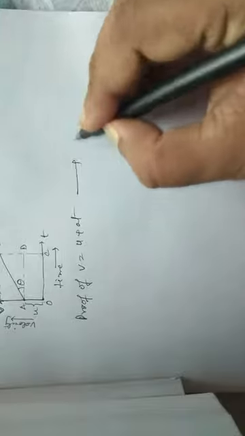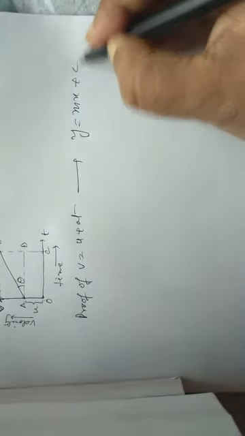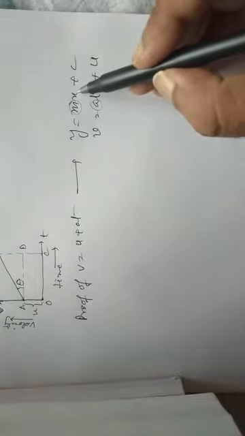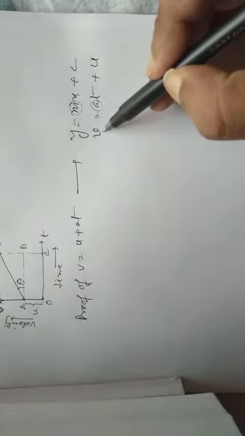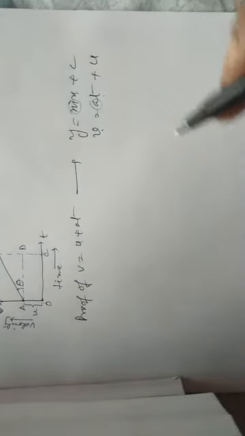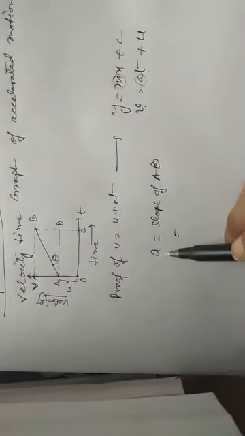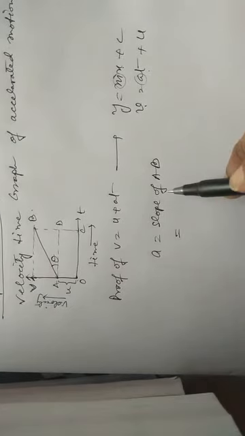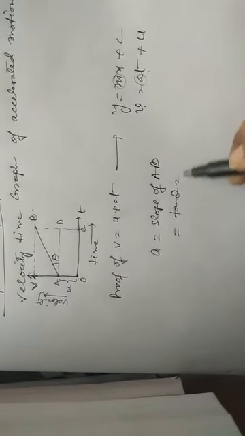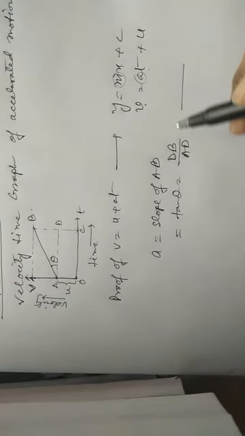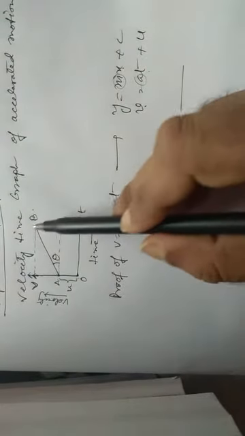Now this is of the form of y is equal to mx plus c, like V is equal to U plus AT. So the slope gives the acceleration. On the x-axis we have the time, and on the y-axis we have the velocity. And acceleration, as you already know, A is equal to the slope of AB. Now what is slope of AB? Tan theta. That means DB by AD. Now we can write DB as BC minus DC.